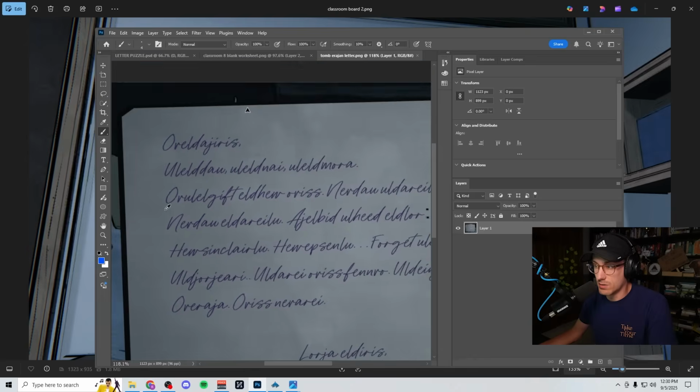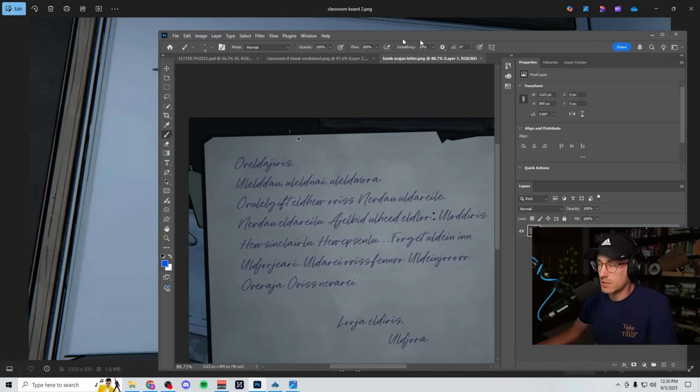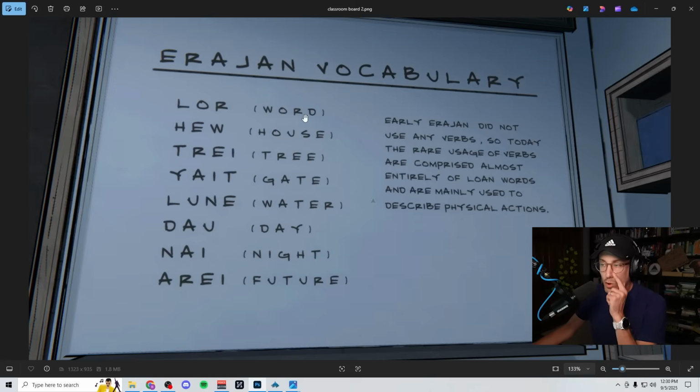Gift, maybe? I don't know. Gift could be a loan word. Lore for word, hue for house, tray for tree, yate for gate. Luna for water, or loon for water. Dao for day, nigh for night, and array for future.